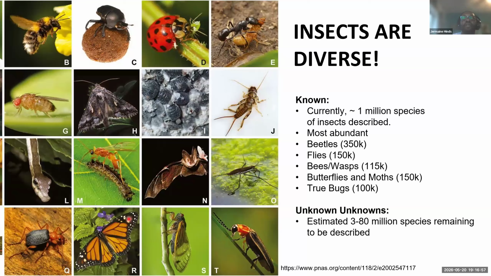Then there's another 100K butterfly and moth species, and true bug species like your stink bugs, your squash bugs, aphids, things like that. We estimate that there's 3 to 80 million species remaining to be described, because insects can live in extreme habitats, vastly different habitats, fleeting habitats. They're also tightly associated with their plant host. So wherever there's a plant, you're likely to see some kind of insect near it.